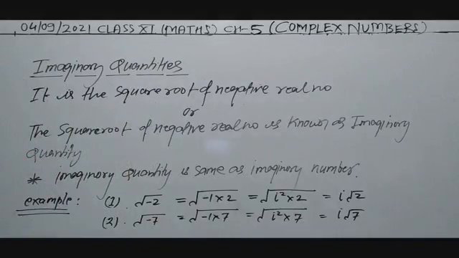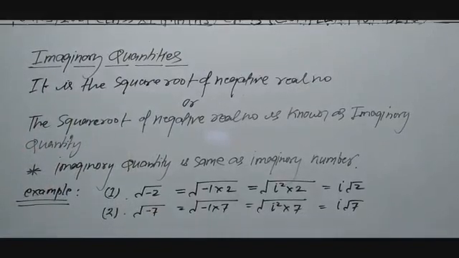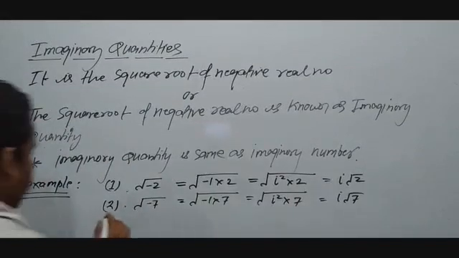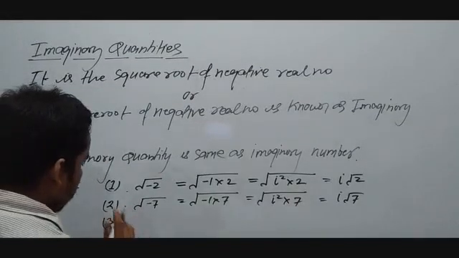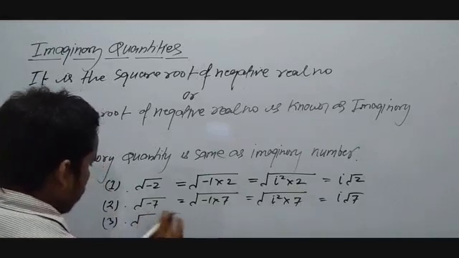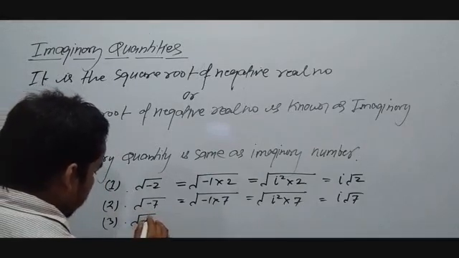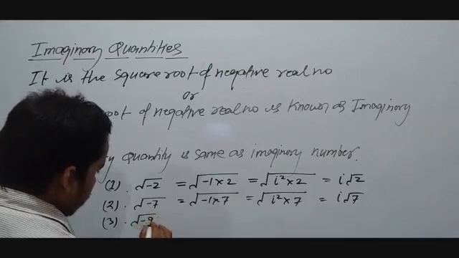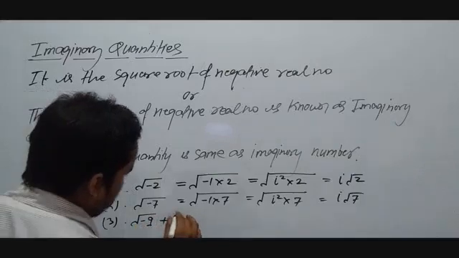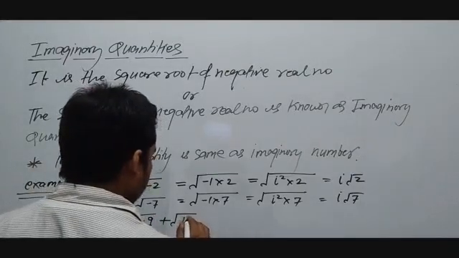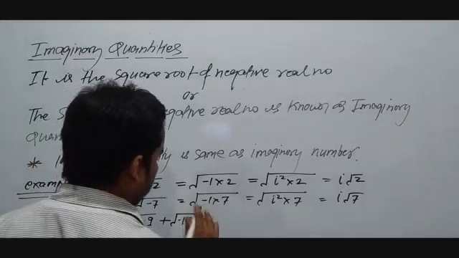Now come to the next example. The next example is, suppose you have to simplify root of -9 plus root of -16 with negative sign.